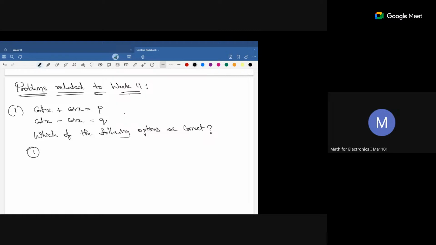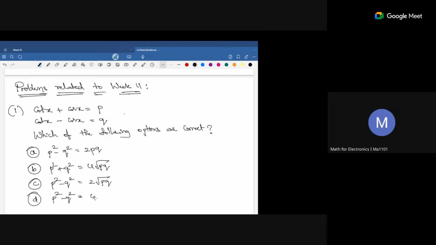Okay, so option A, let's say p square minus q square is 2pq, and option B, p square plus q square is 4 root pq, and option C, p square minus q square is 2 root pq, and option D, p square minus q square is 4 root pq.